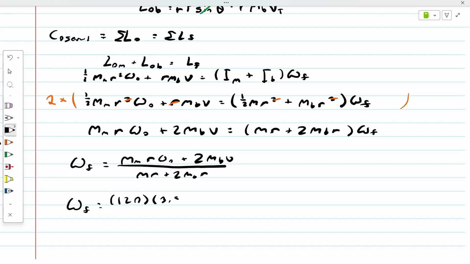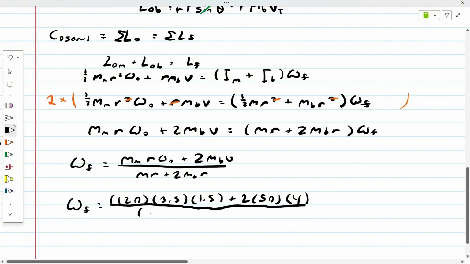Okay, so 3.5. And again, all of these were given, so we just are going to plug these in, making sure that we kept good notation on all of our variables so that we don't get mixed up between the different masses and such. See right here, this should be the mass of the merry-go-round.